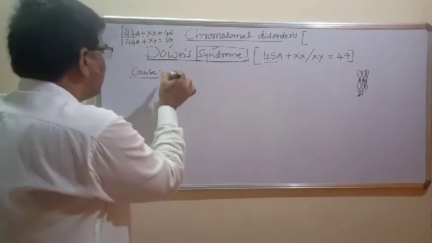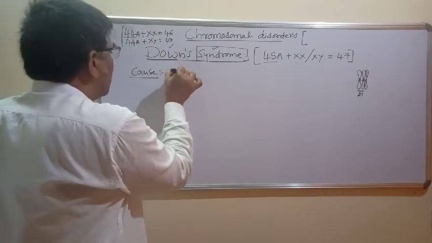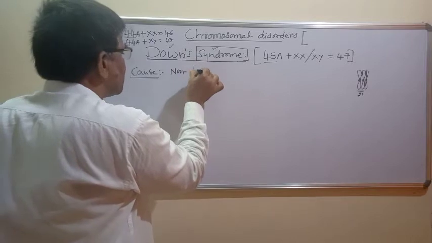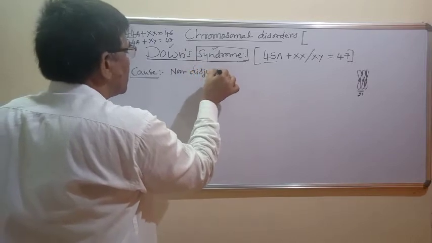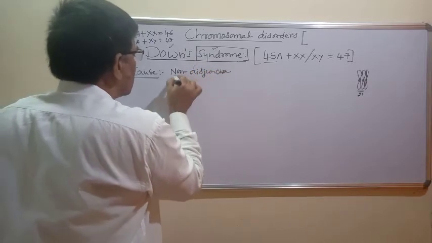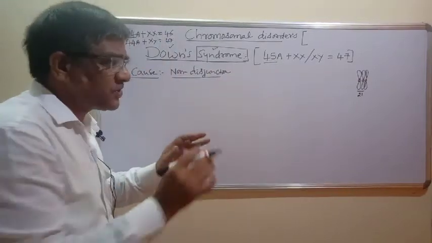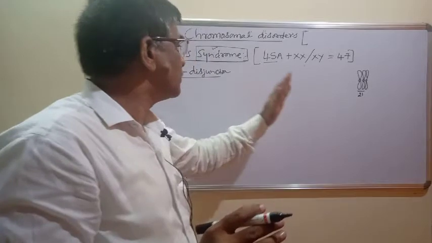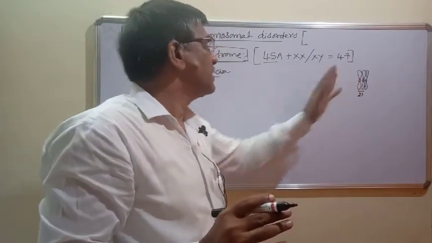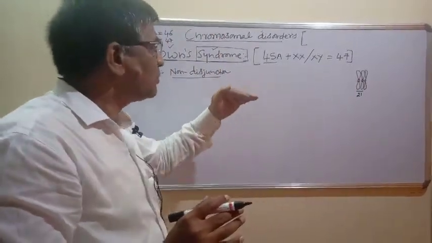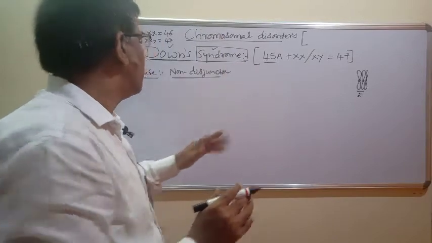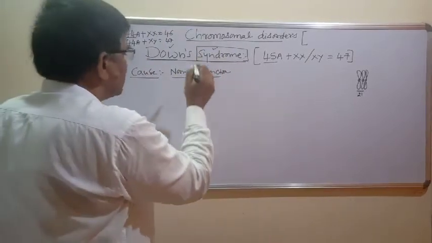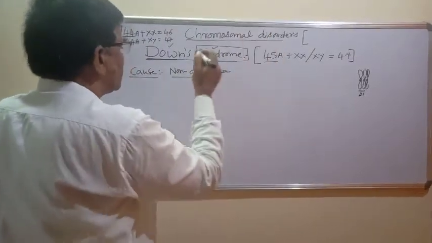That is because of non-separation or non-disjunction of chromosomes during meiosis. During meiosis, you know very well, chromosomes should get separated, but there is a failure of separation, and one chromosome moves towards one pole, which causes chromosomal disorders like these.